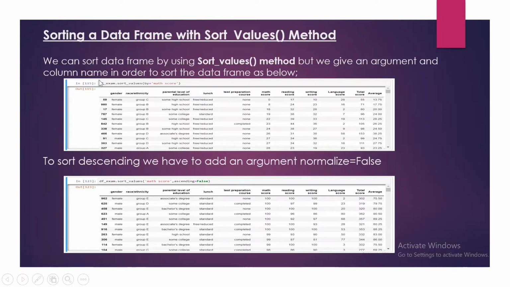As shown here, we use the name of the data frame, then a dot, the sort values method, and in the parentheses we give the argument by, with max score, the name of the column on which the sort is applied. By default, it arranges the data in that column in ascending order, that is from lowest value to greatest value.